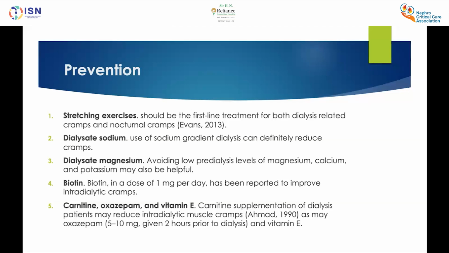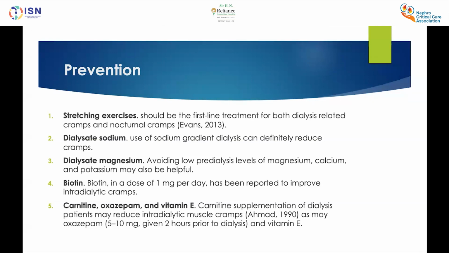So how do you prevent this? You can prevent it by doing some stretching exercises. Dialysate sodium, the sodium gradient of the solution, can definitely reduce the cramps. Dialysate magnesium, so you should avoid low pre-dialysis levels of magnesium, calcium, and potassium, which may be helpful. It has also been reported that 1 milligram per day of biotin may improve the cramps.